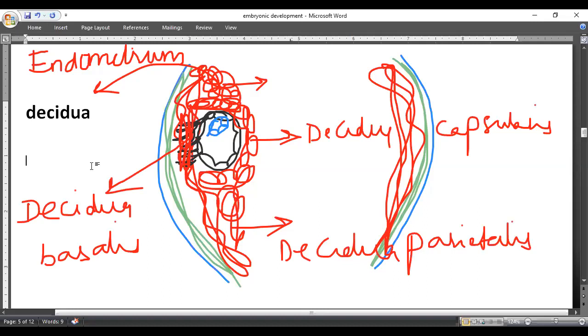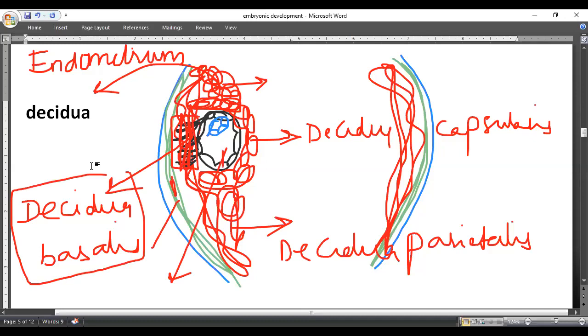Location: we know this green one is the myometrium, and we know this is the embryo. So to give the address of the decidua basalis, it is the endometrium layer present between the myometrium and the embryo.